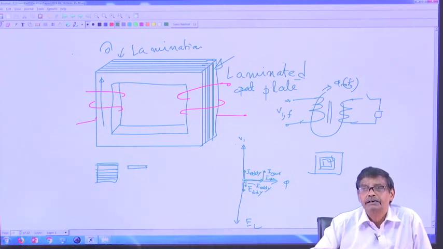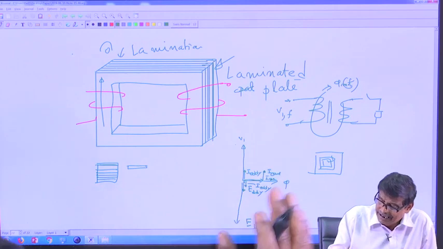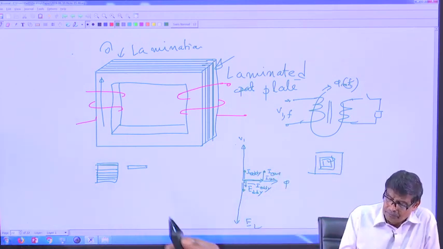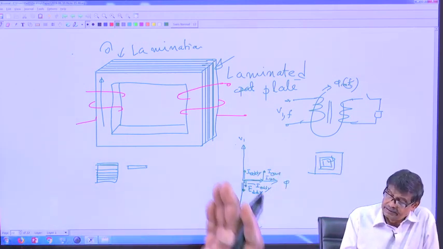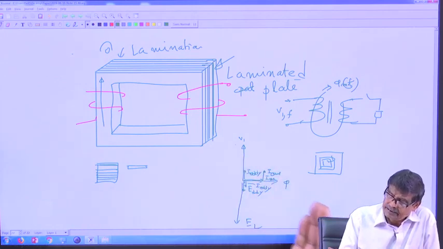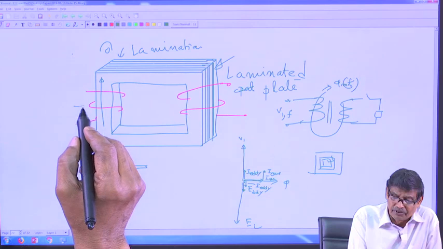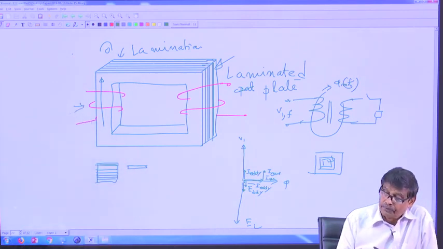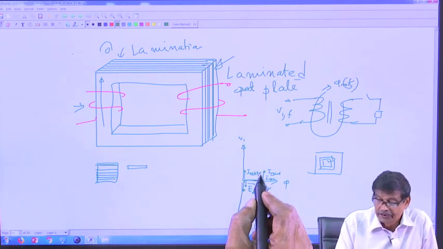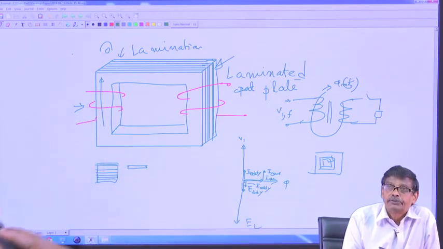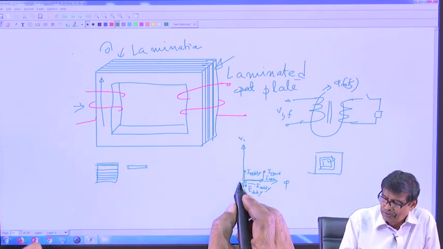Another way of interpreting the result. Got the point. But anyway, what people say is that this eddy loss, after all the power has to come from the source, therefore, there will be another small component of current drawn from the source, which must represent eddy current, that will be in phase.